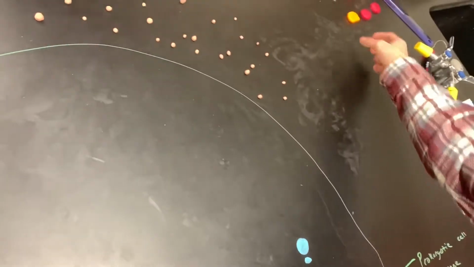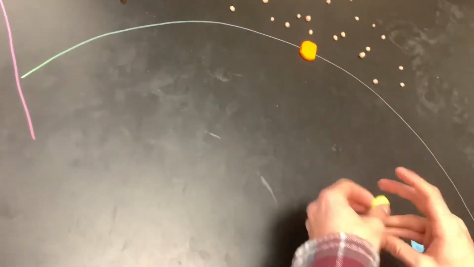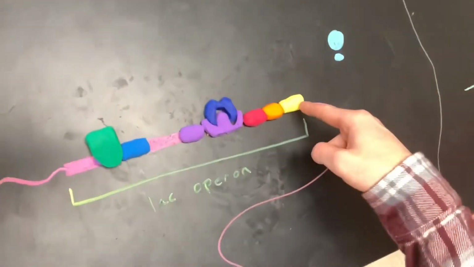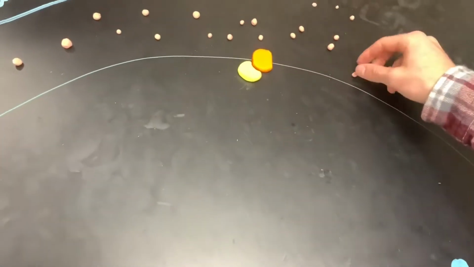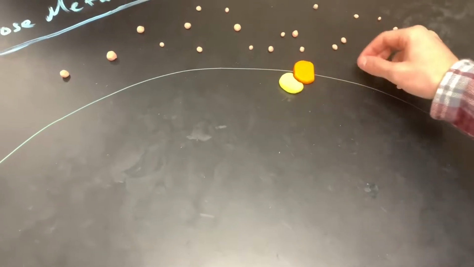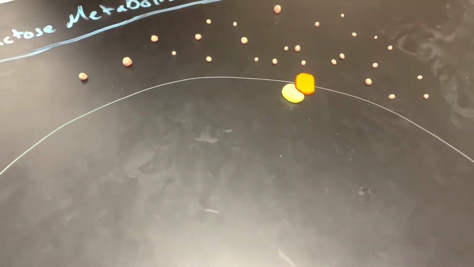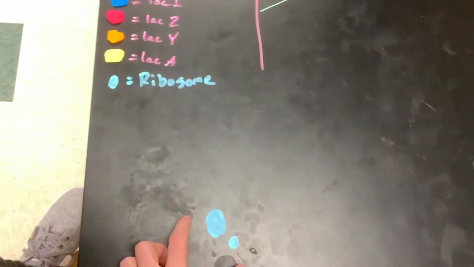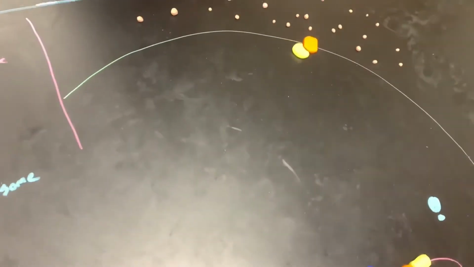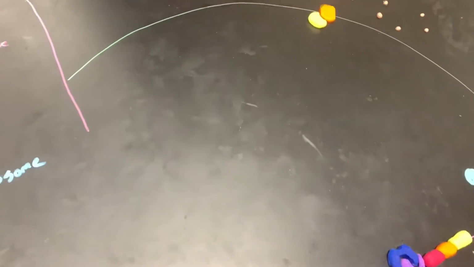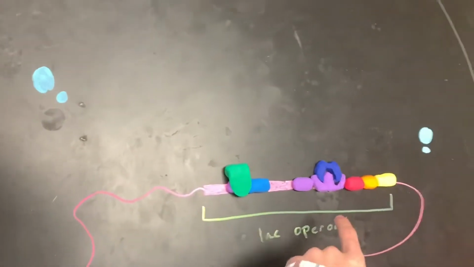And then finally, with permease, we have the protein made by Lac A, which detoxifies other molecules that get in through permease that aren't lactose. And here we have ribosomes just within the cytoplasm of the prokaryotic cell that will make proteins out of the mRNA.